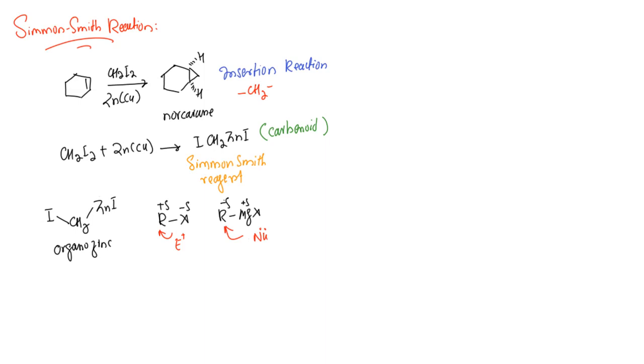So in organometallics usually there is a reversal of polarity, which we call umpolung. Metal usually donates electrons.